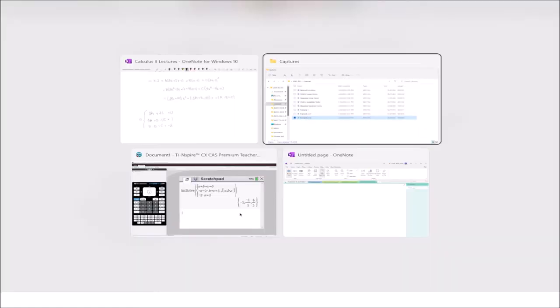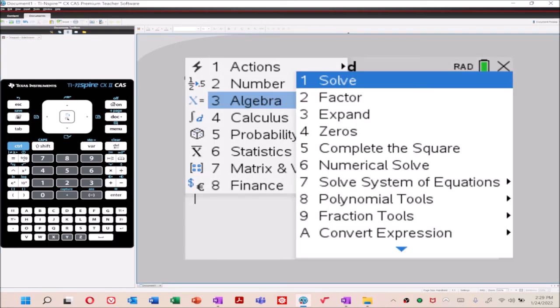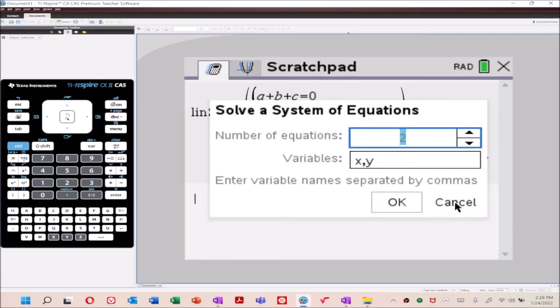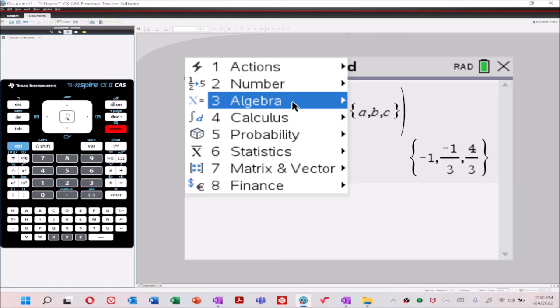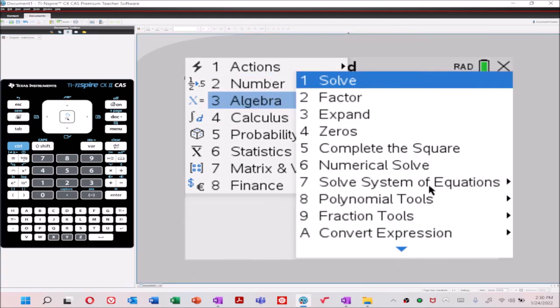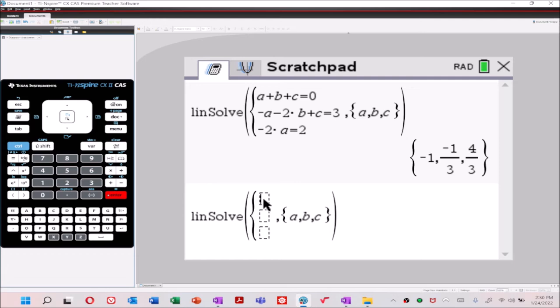All right, so let's go ahead and come over to our CAS. I hit the wrong one. And again, we have three equations, A, B, and C. Right, so the first equation, 2a plus 4c was equal to 0.